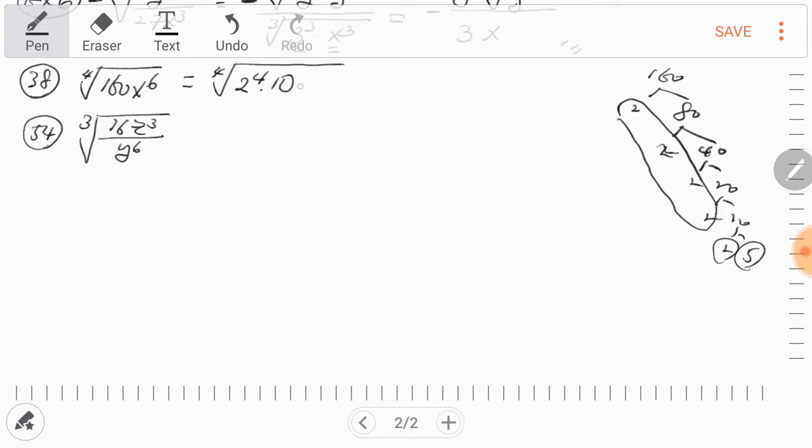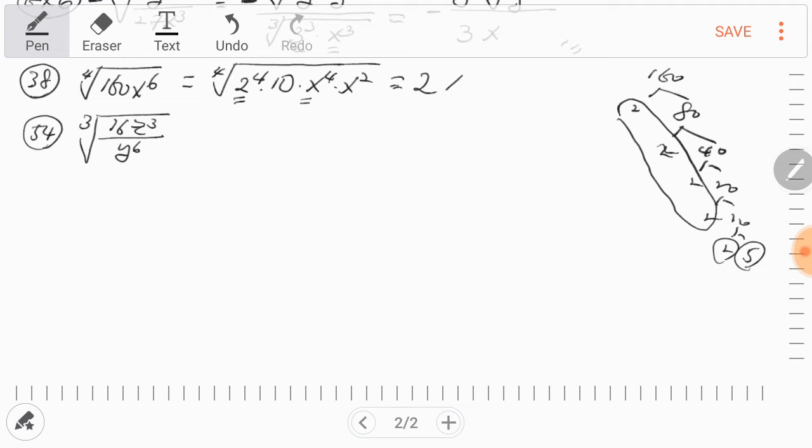And next, x to the 6th power. 6 is 4 plus 2, so x to the 4th power multiplied by x squared. And then take all bases that have the exponent 4 out. So 2 out. How about this one? Yes, we need to take this x out because the exponent is 4, the same as the index.